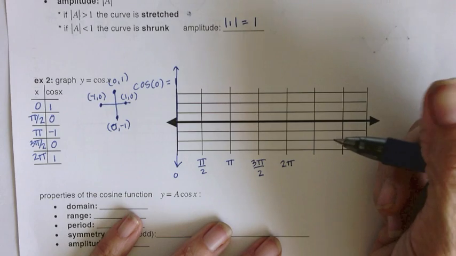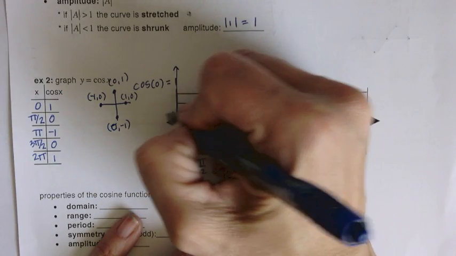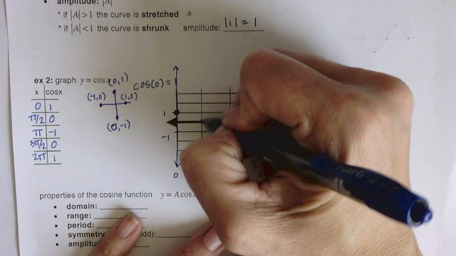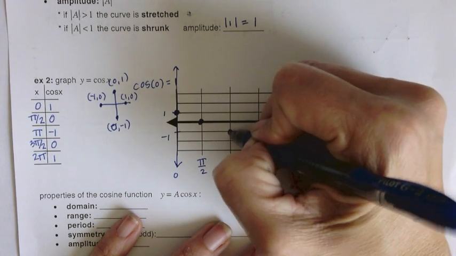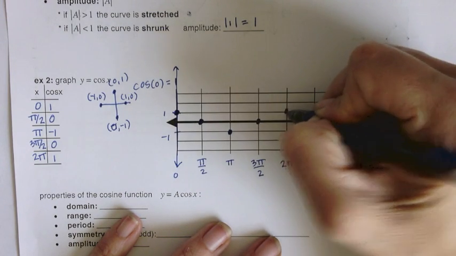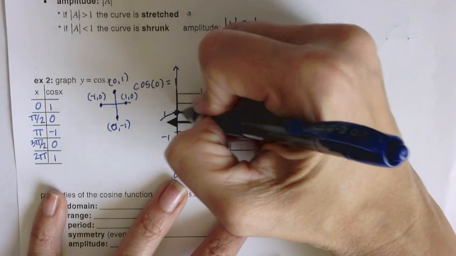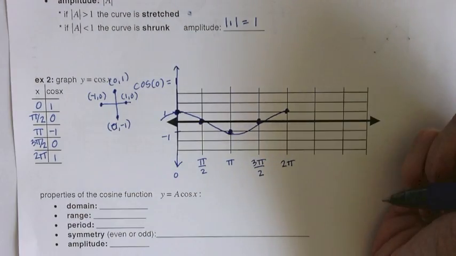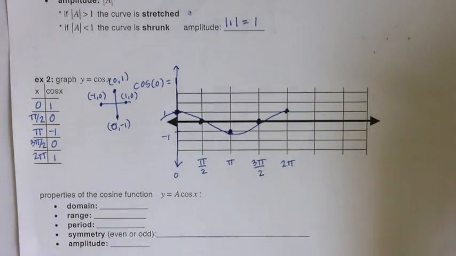And its pattern is different. We're going to label these. It goes maximum, x-intercept, minimum, x-intercept, maximum. So it looks like that. And I'm just going to graph 1 rotation of it. It can obviously keep going.